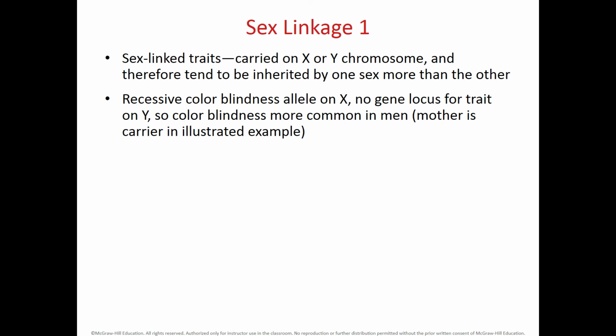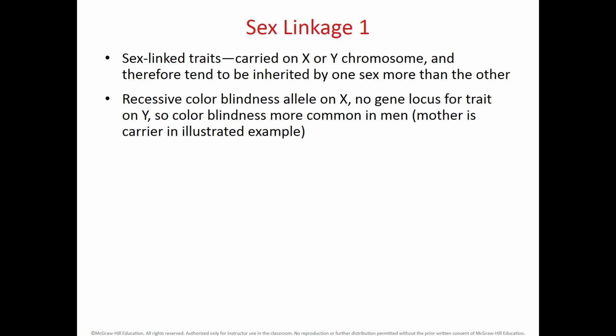So we have a recessive color blindness allele on the X chromosome. And this will tend to affect more men than women, because men only have one X chromosome. So whenever they inherit a mutated gene for color blindness from the mom, the male will always be colorblind.